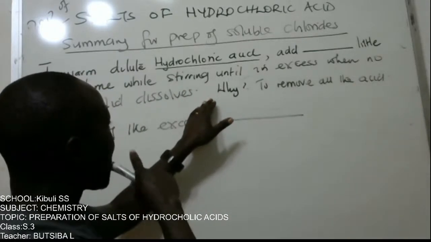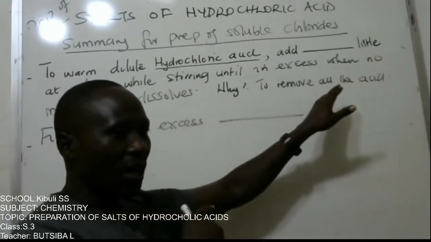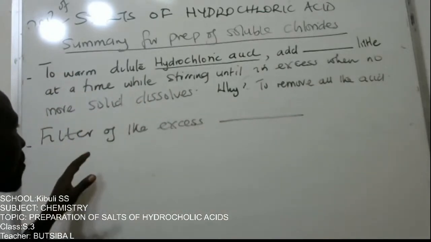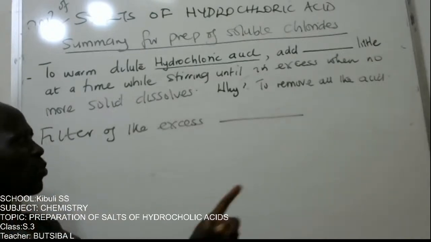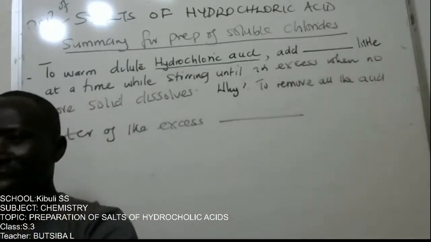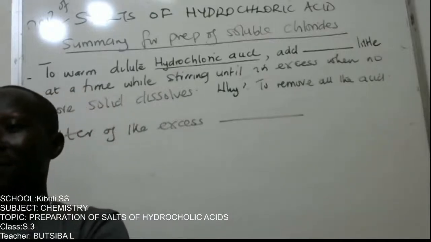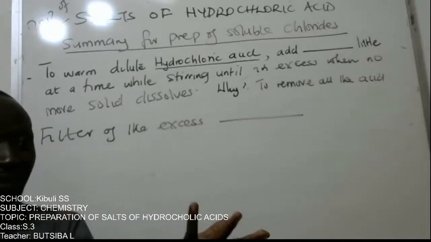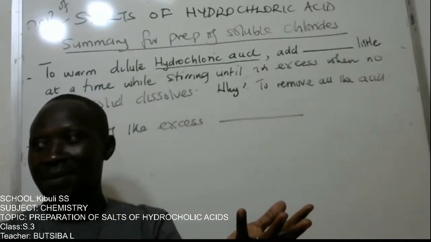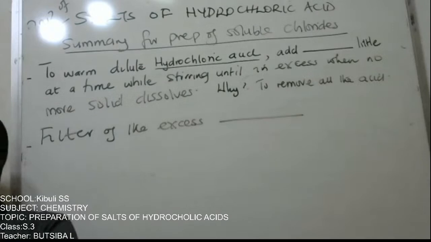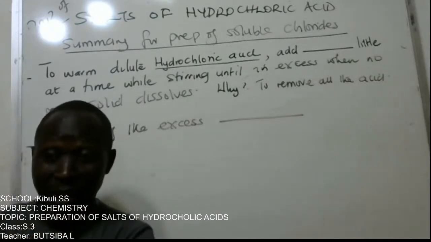The purpose of adding that in excess is to remove all the acid. Filter off the excess dash. What is the similarity or the difference between this dash and this dash? In your own thinking. I'm giving you time to think and reason before I give my answer.